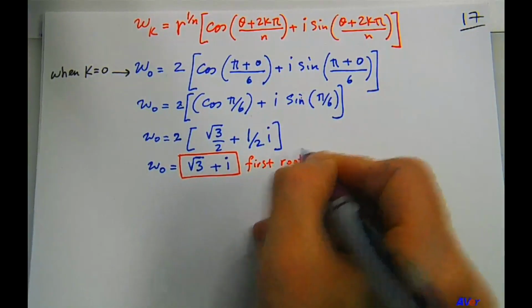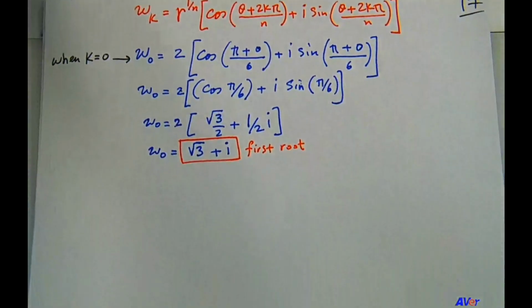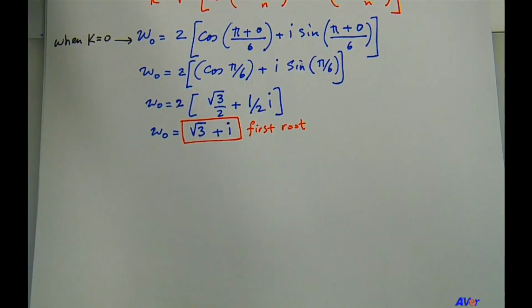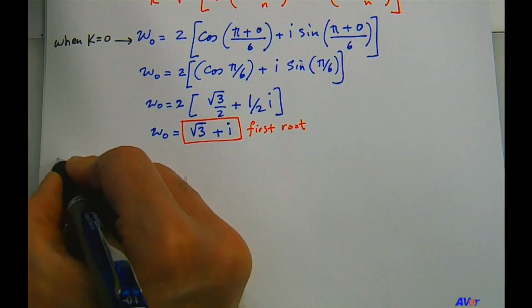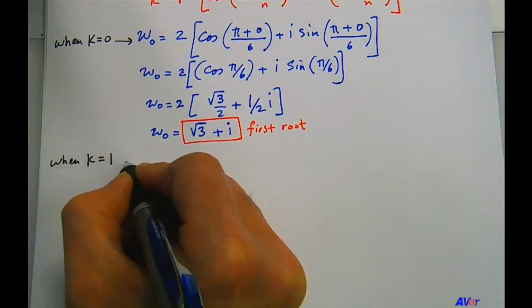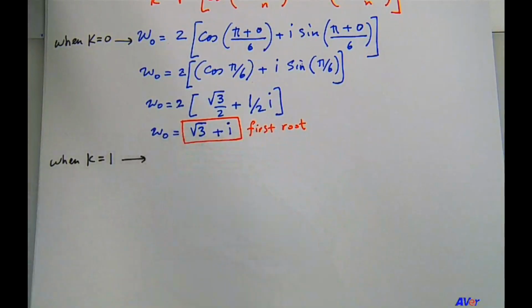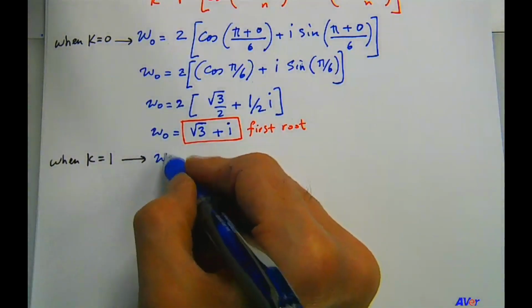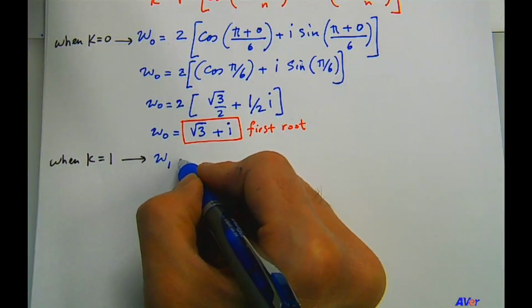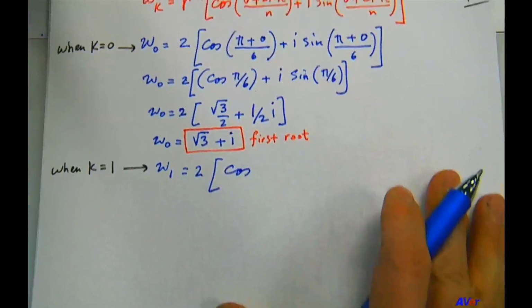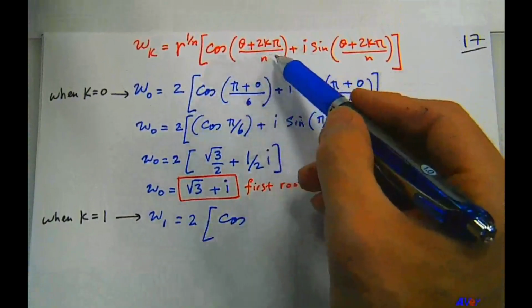We are looking for 6 of these. So that's the first root. Okay? So the second root, when k equals 1, we have w with 1 subscript equals 2 times cosine of, now remember this formula?